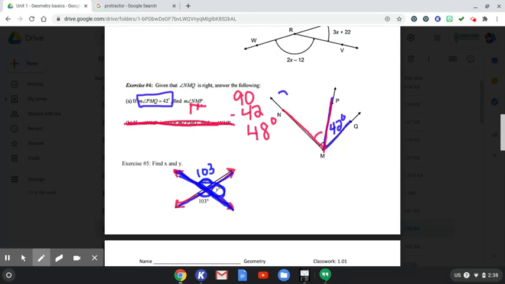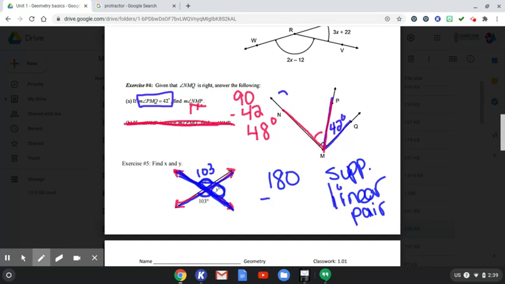So they're supplementary, or they form a linear pair. So I'm going to write the word sup or linear pair. It's the letter I there, by the way. So if we take 180, subtract the 103, we're left with 77 degrees.